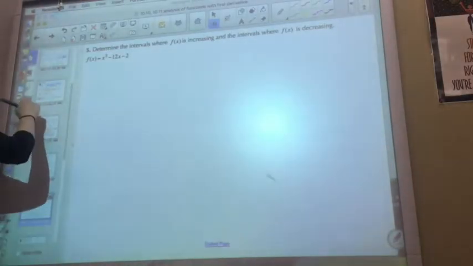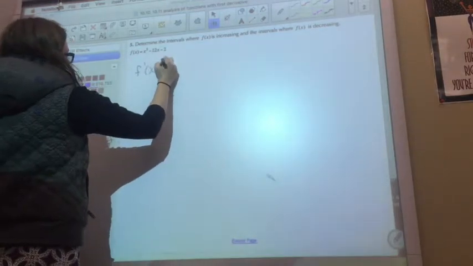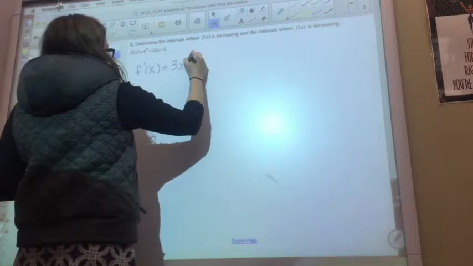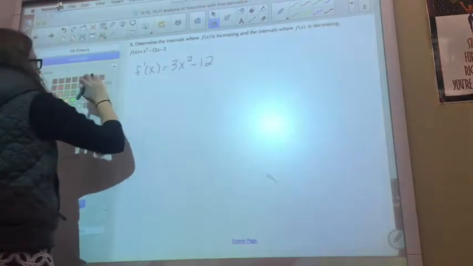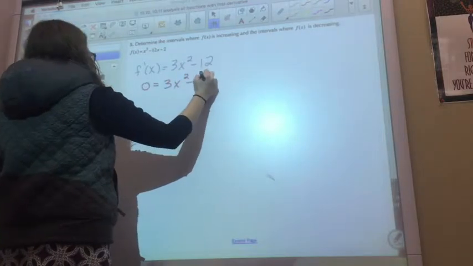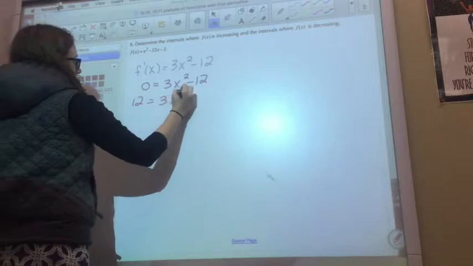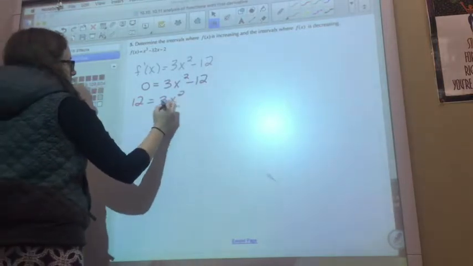Go. What was your first step in 5? I found the derivative. And what was our derivative? 3x squared minus 12. And then what'd you do? Set it equal to 0. And then? Add 12 over. Divided by 3.